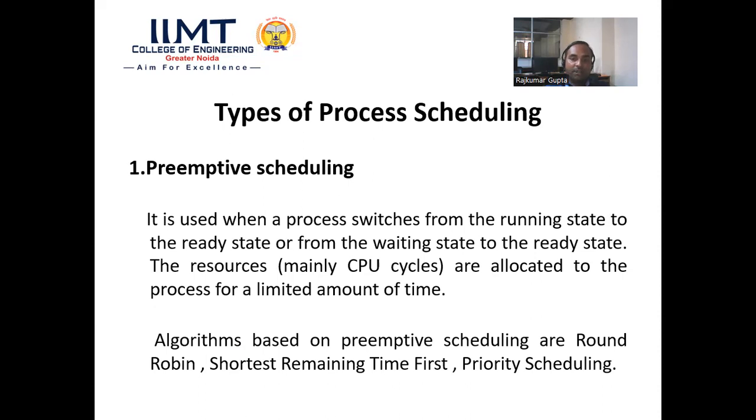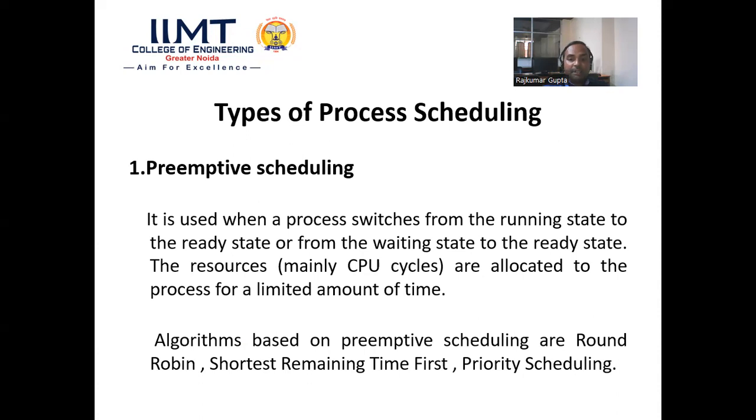In that case, the CPU switches from process number 1 to process number 2 for a particular amount of time, suppose 5 seconds. So process 2 will be executed for 5 seconds and again the CPU returns to process number 1 for 5 seconds, and so on. Meaning the CPU is switching from process number 1 to process number 2.